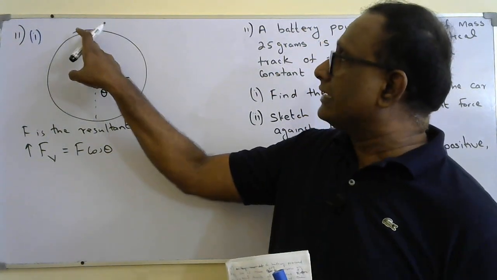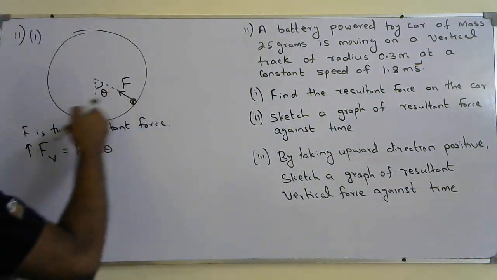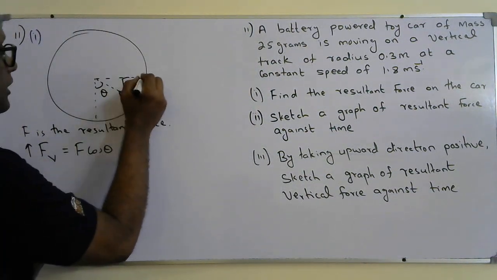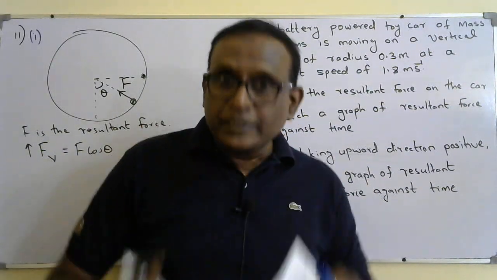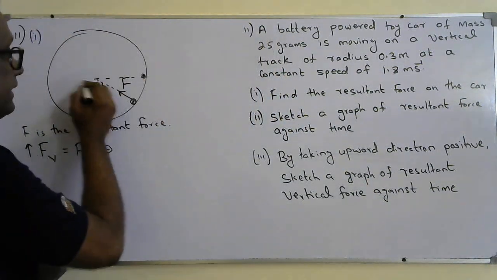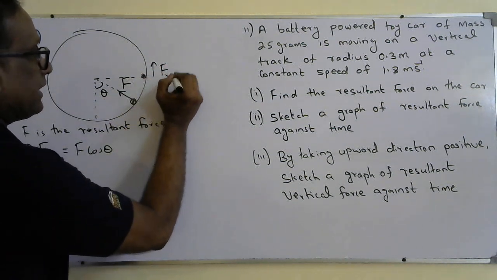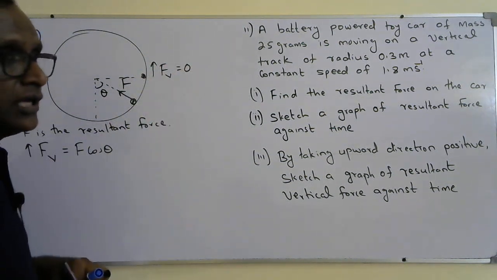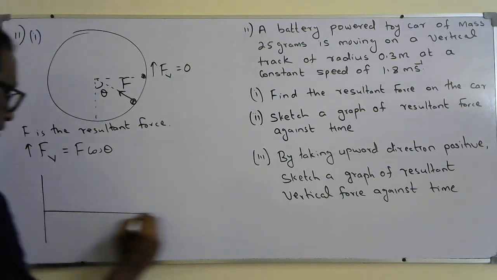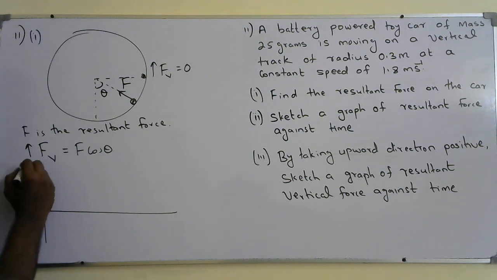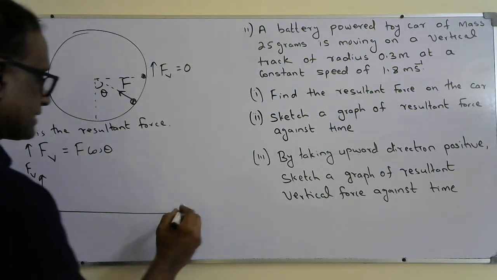At the highest point, the centripetal force will be vertically downwards. When the car is at a horizontal position, here, there will be a centripetal force towards the center, but the vertical component will be equal to 0. So that's going to be like a cosine graph. The x-axis is time.